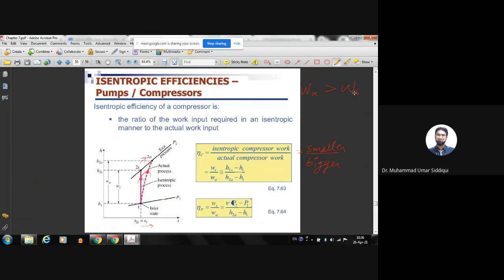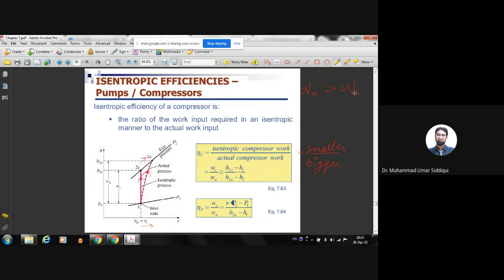But if there are losses, then we need to provide more work input, because part of the work input will always be lost. So the remaining work will be used to raise the pressure. So if I need to reach a specific pressure, then the actual case will require more work input than the ideal case.